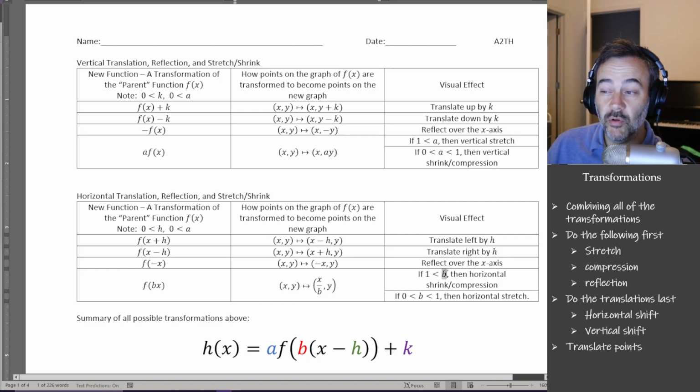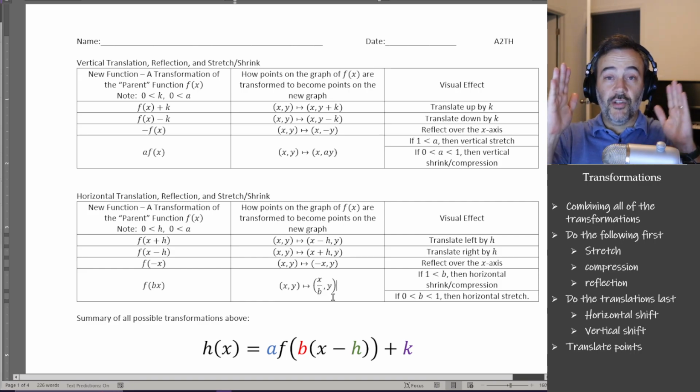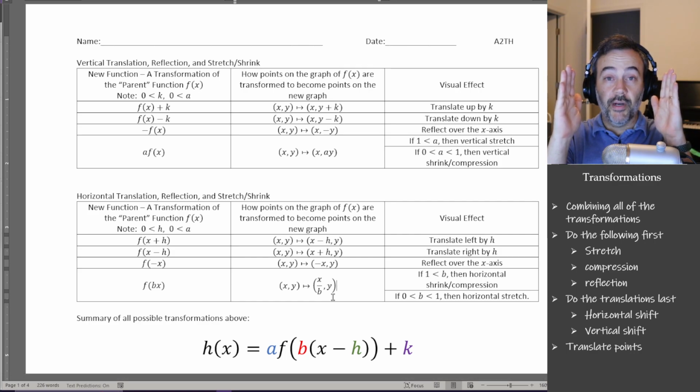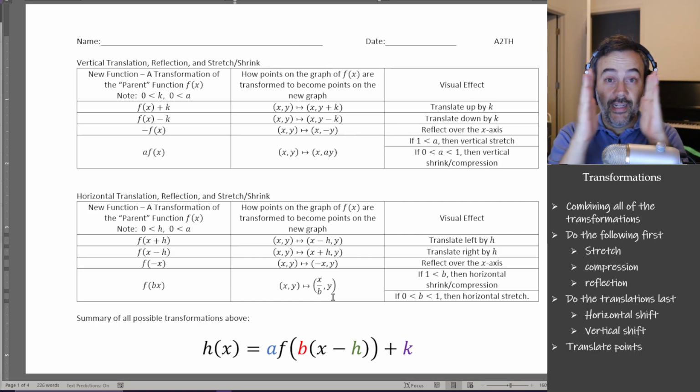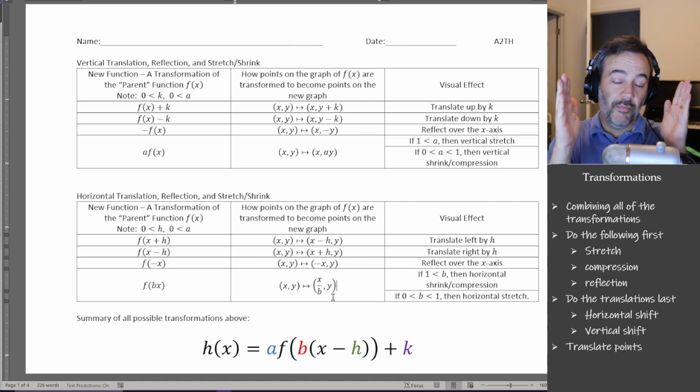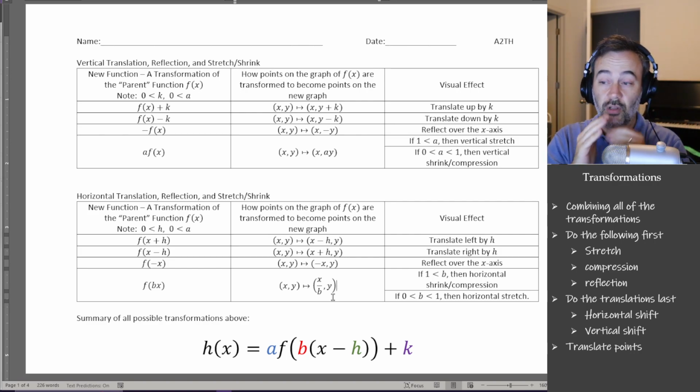So if b were 3, so this were f of 3x, then all the x coordinates would get divided by 3, or multiplied by 1/3, and that's going to squish it in by a factor of 1/3.